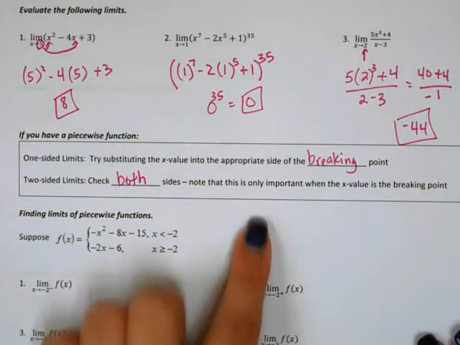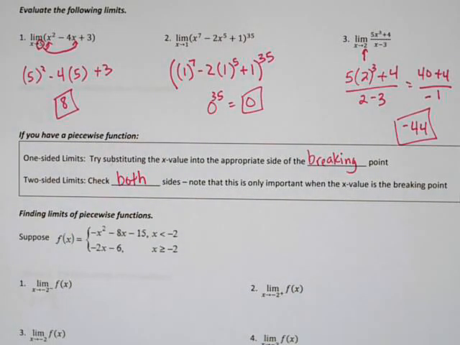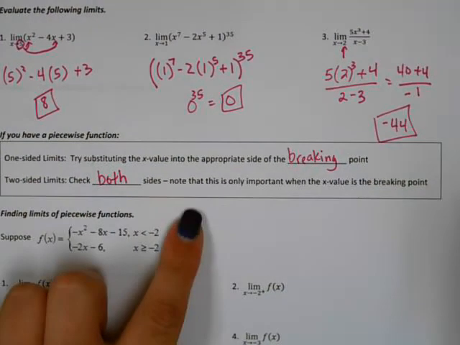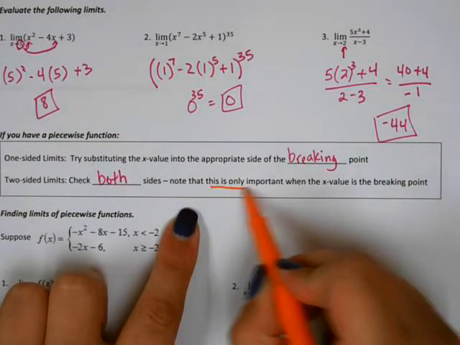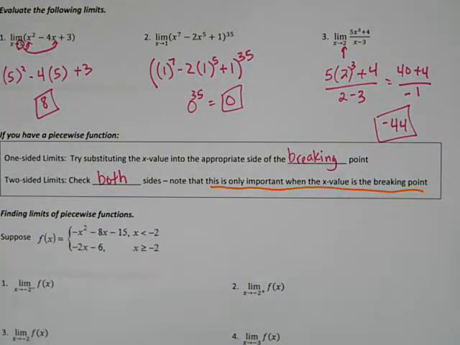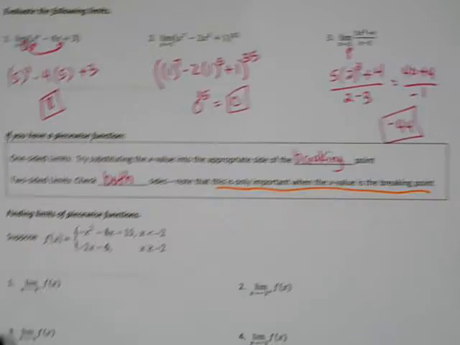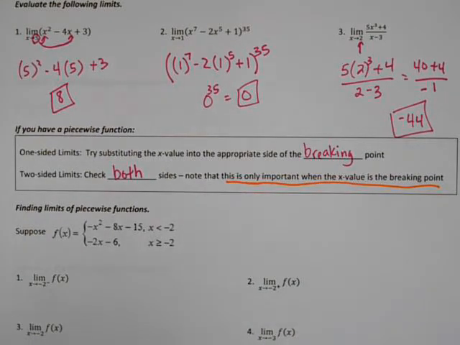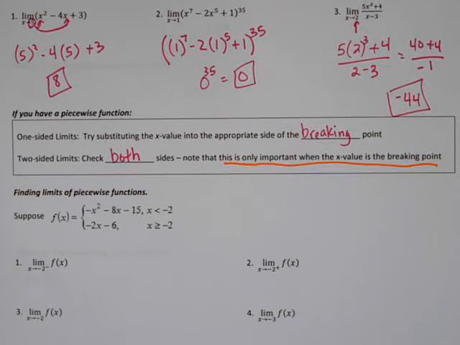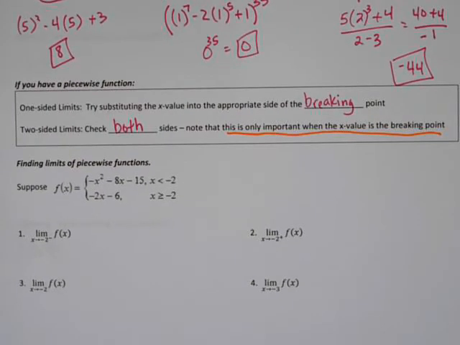Checking both sides is only important when the x value is the breaking point. If the x value isn't the breaking point, all we have to do is substitute the value in, and it's exactly like numbers 1 through 3. If, however, the x value that we're trying to evaluate the limit at is the breaking point, that's when we have to check both sides.